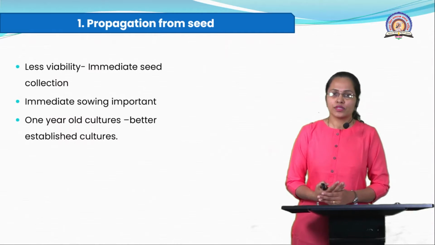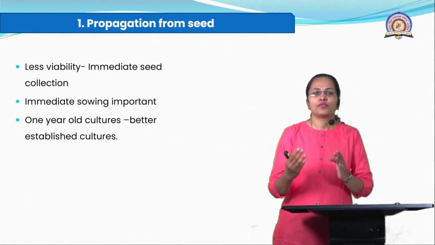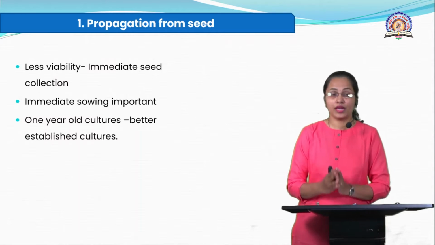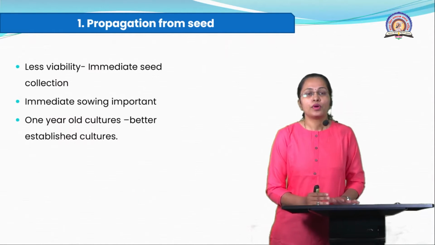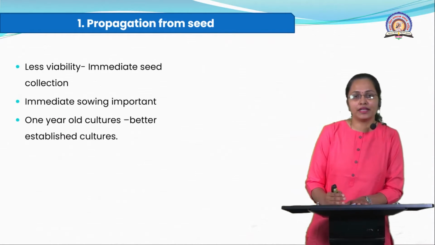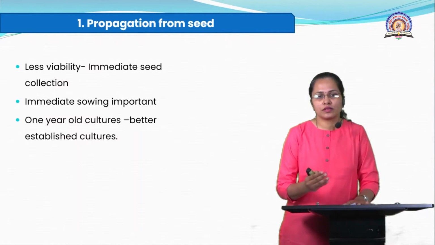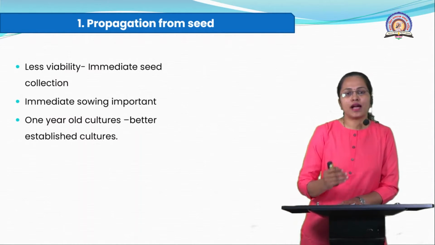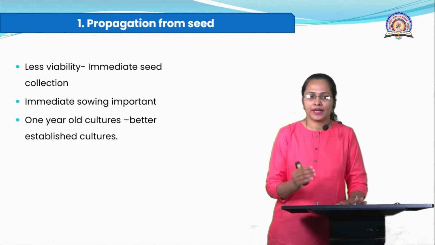So when we sow a seed of a plant, we get the plantlet of the plant. Bamboo also belongs to the angiosperms and has the ability to produce flowers and seeds, and therefore these seeds are collected for planting purposes.